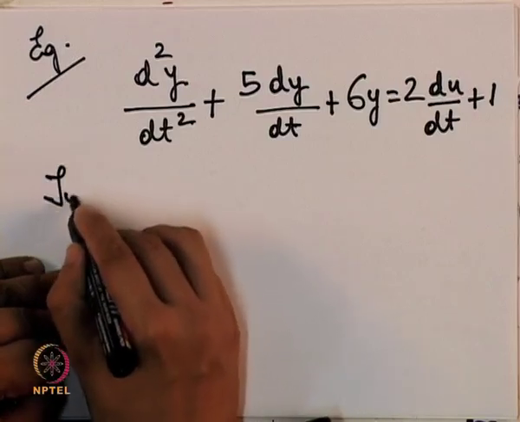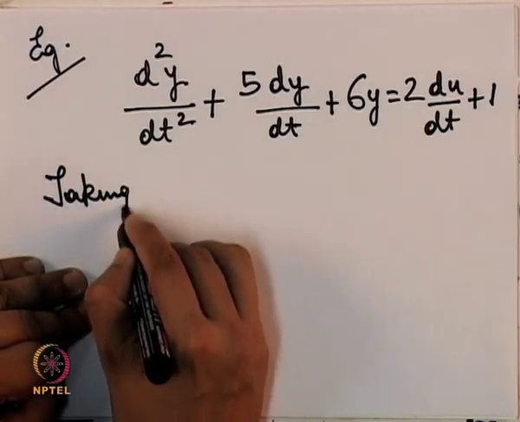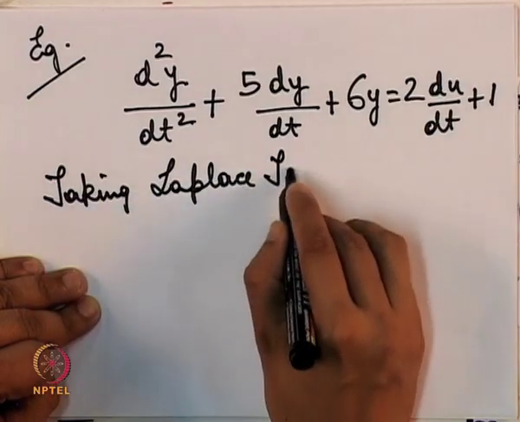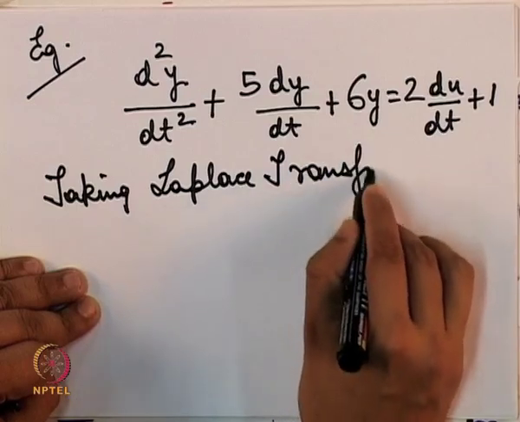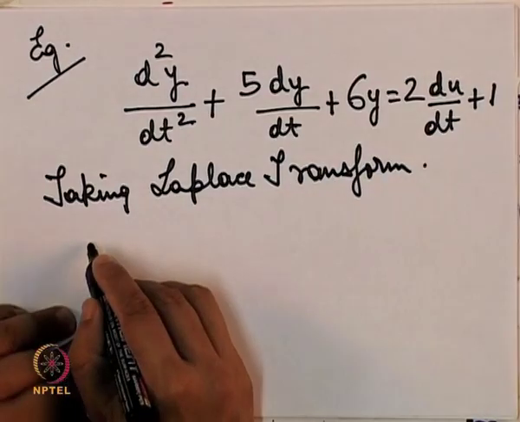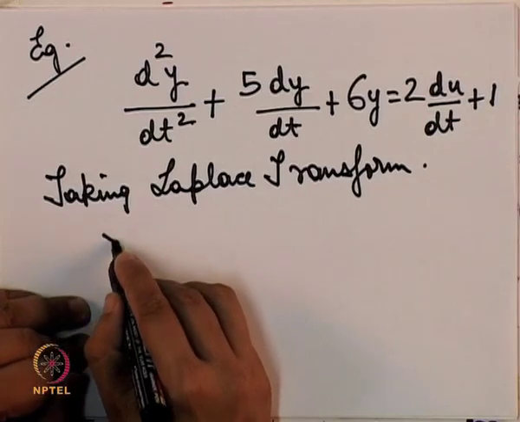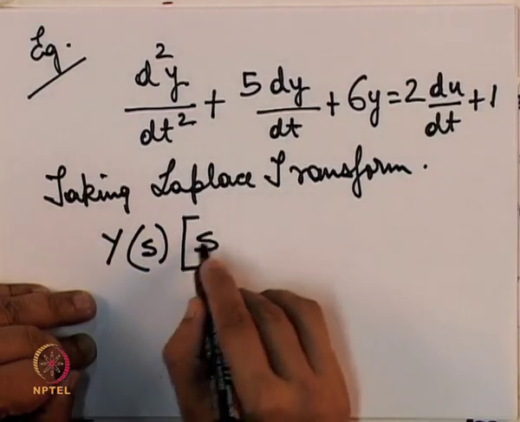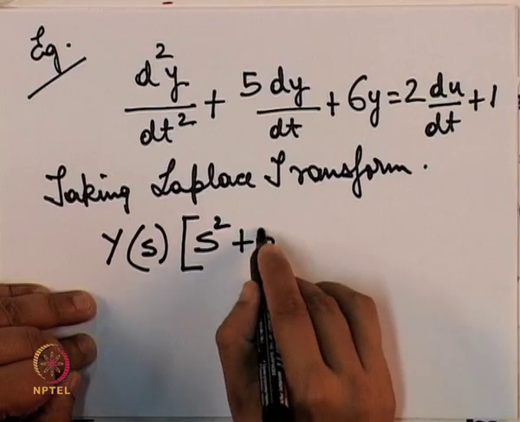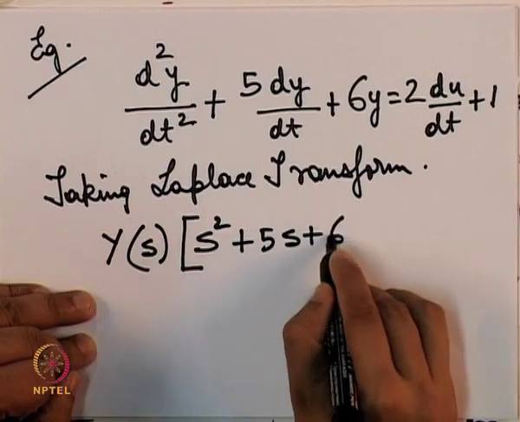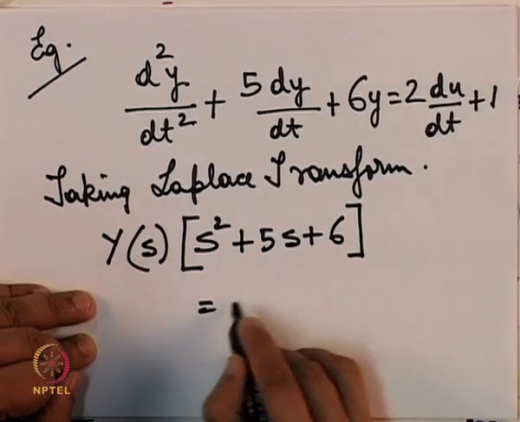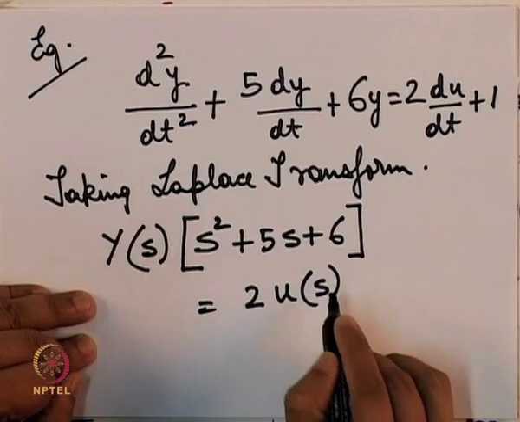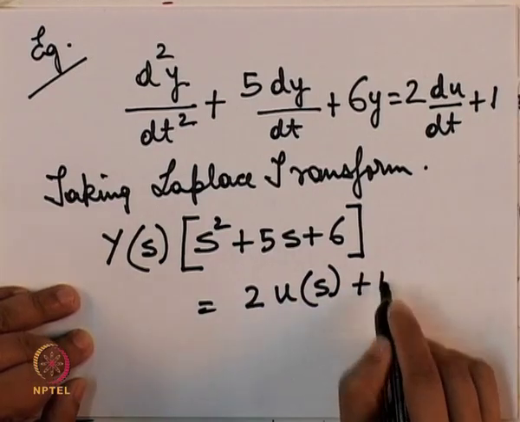Now, taking Laplace transform on both sides, we get Y(s) multiplied by s square plus 5s plus 6 is equal to 2U(s) plus 1.